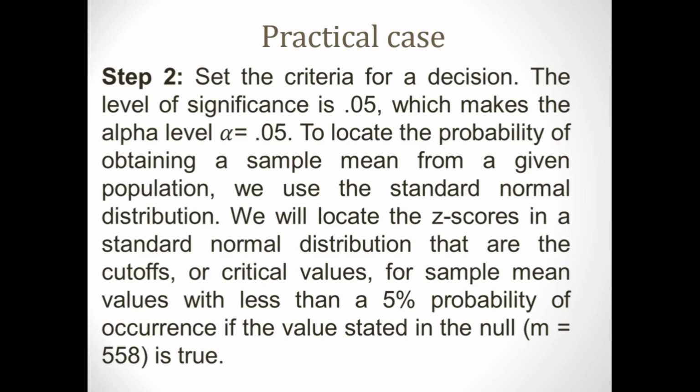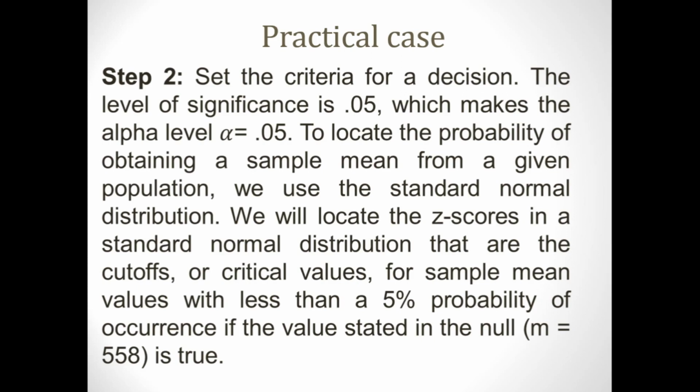We locate the z-scores of the standard normal distribution that are the cutoff or critical values for sample mean values with less than 5% probability of occurrence if the value stated in the null, M equal 558, is true.